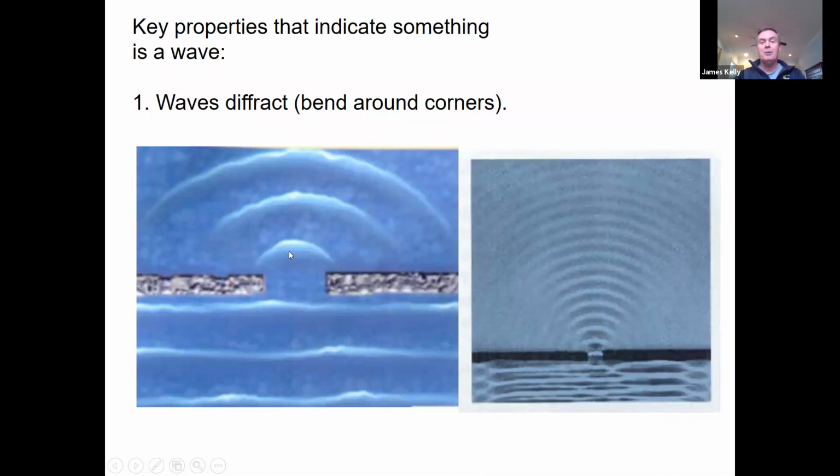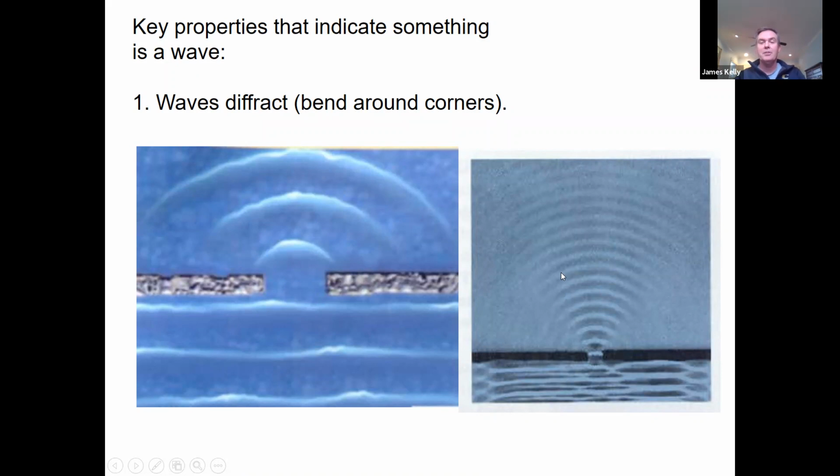Here's a little passage where the boats can go in and out. When a wave comes through there, it bends. It doesn't just travel forward and give a sharp shadow along the lines of the obstruction, but it bends inward. Here's a water tank with a little opening in it, and you can see the wave diffracting.